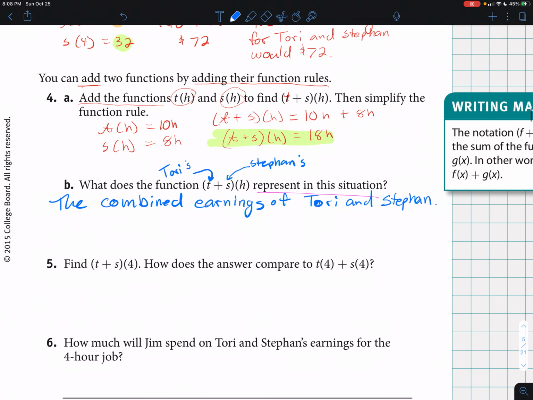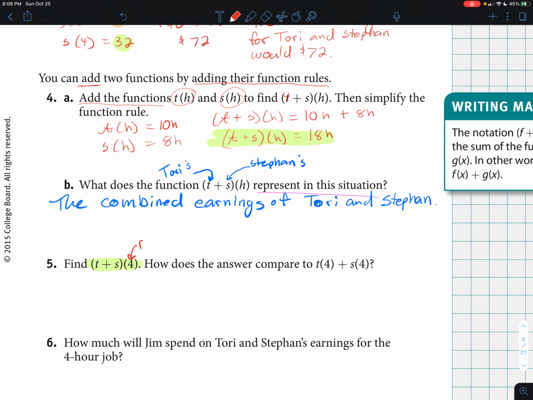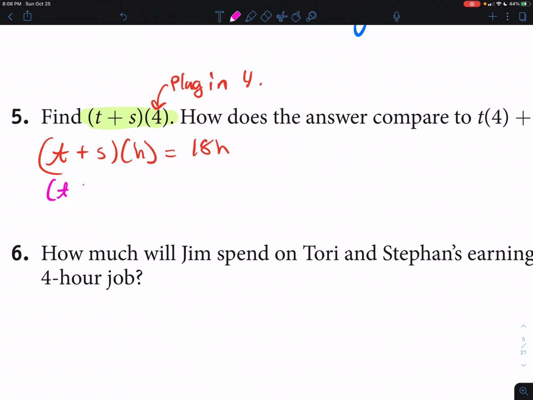Okay, then it says here, number 5, what does t plus s of 4? So this is just saying take 4, plug in 4. Up here we've got that t plus s of h was 18h. We'll take that 4 and plug it in. T plus s of 4 equals 18 times 4, which is, guess what? Going to give us 72.